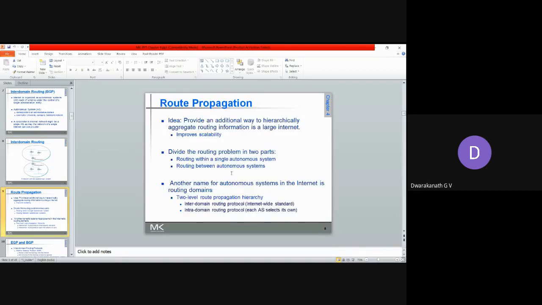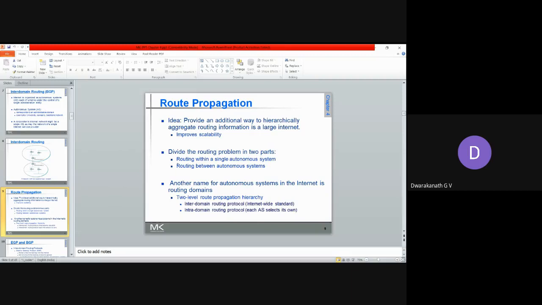Now coming to the next slide, you see route propagation, how route propagation will be done in interdomain autonomous routing. The idea is to provide an additional way to hierarchically aggregate routing information in a large internet, which improves scalability.